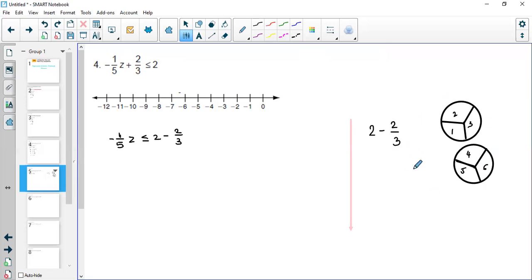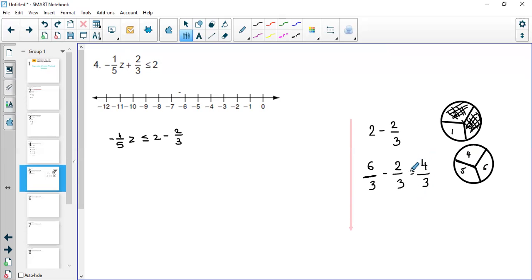So if you divide the whole two in three parts, that's going to give you 6 parts over 3, minus 2 over 3, which means you're going to remove 2 parts from here. So let's remove 2 parts. How many parts are you left with? 1, 2, 3, 4. So 6 minus 2 is going to give you 4 over 3.